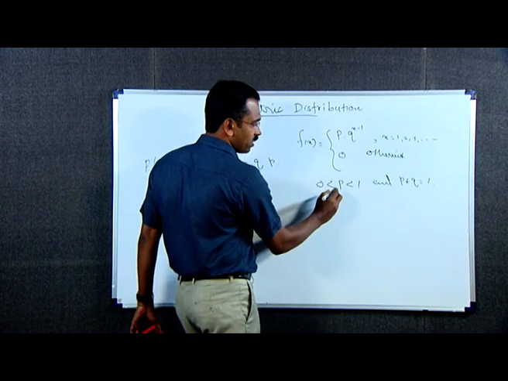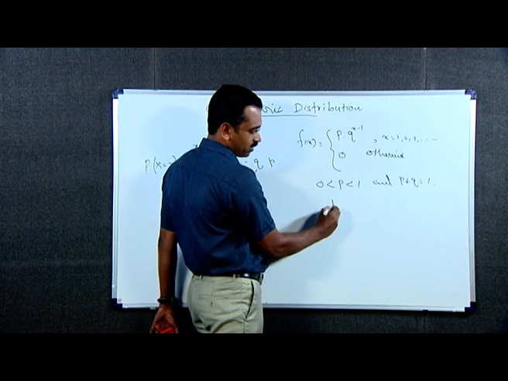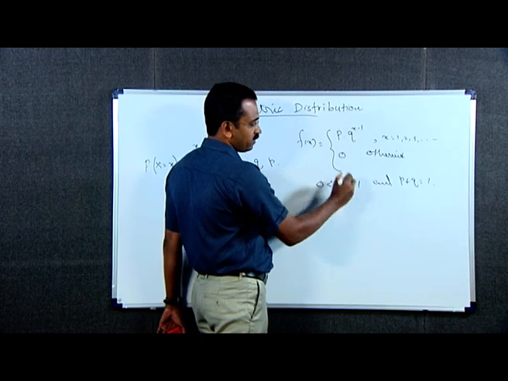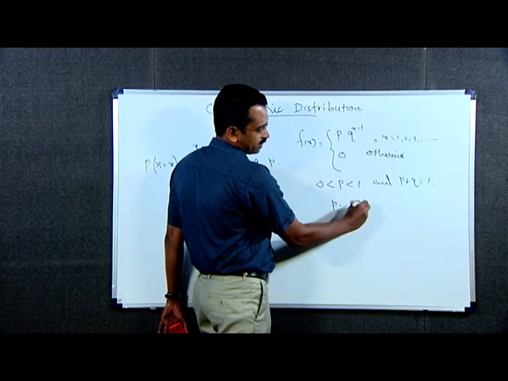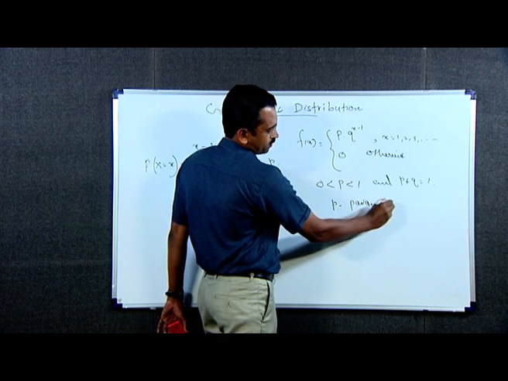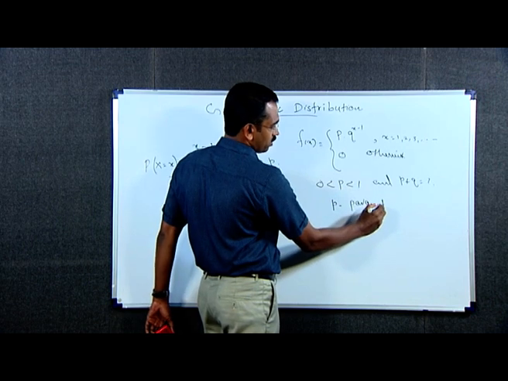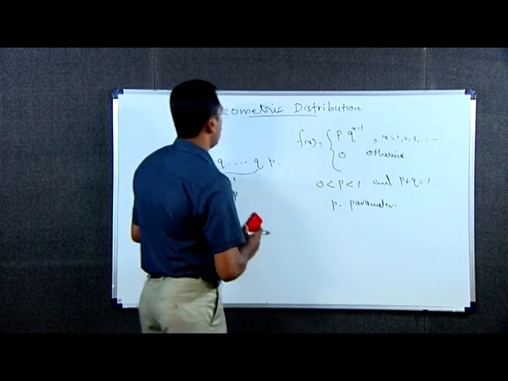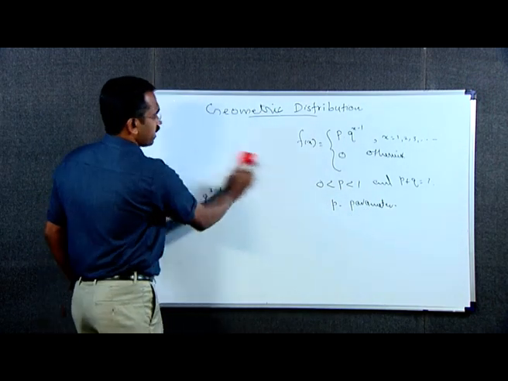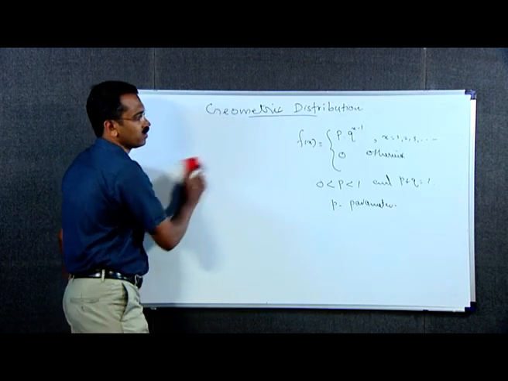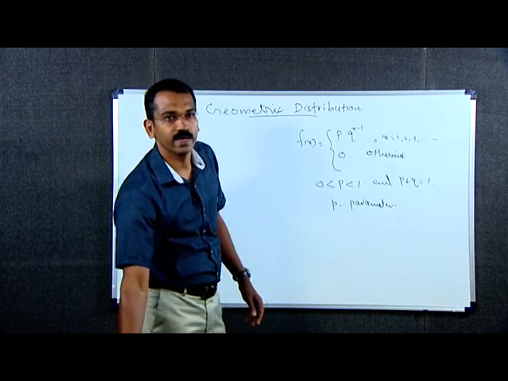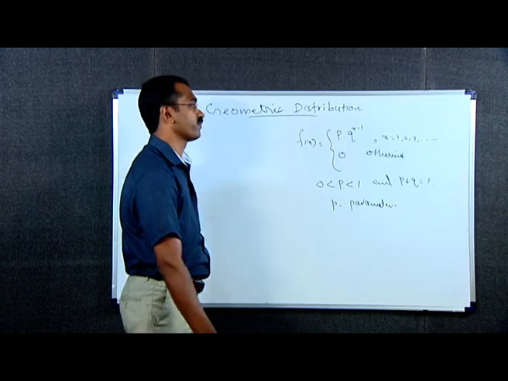Here p is referred to as the parameter of the distribution. P is the parameter which lies in the interval 0 and 1. Now we can verify that this f of x is a probability mass function.